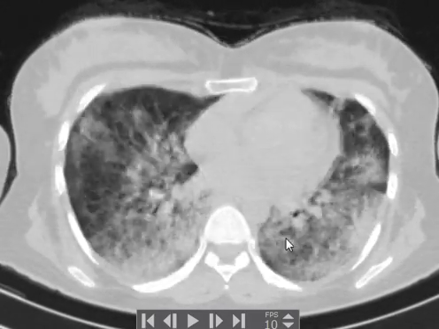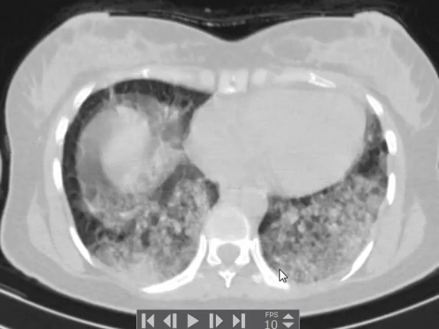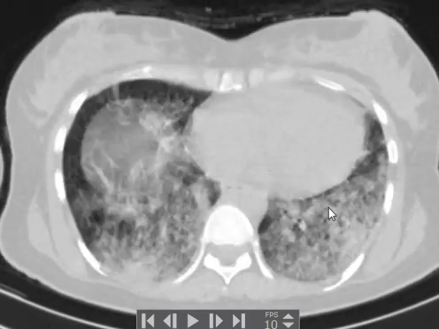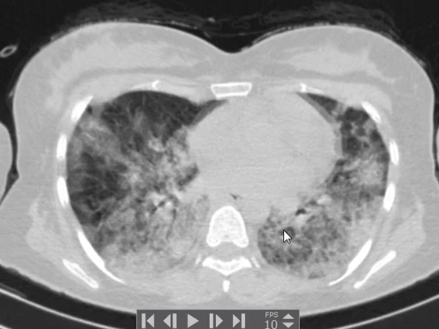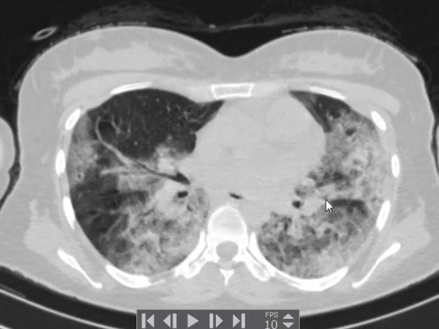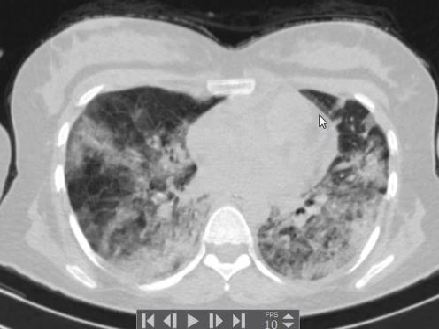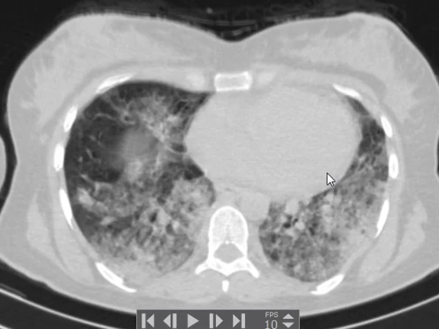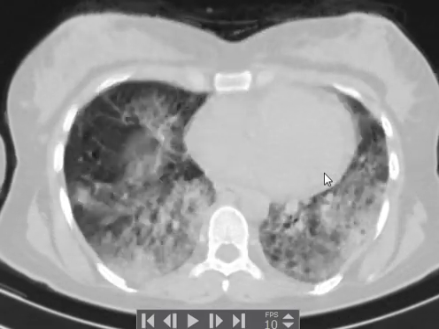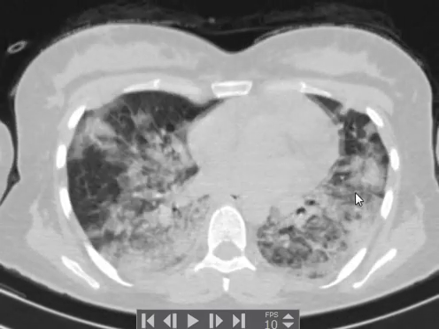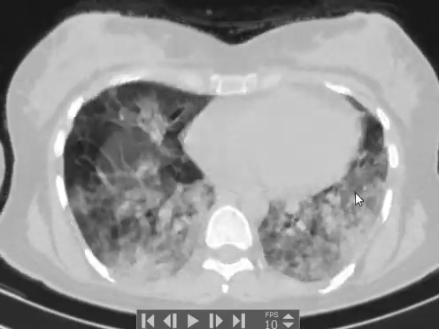The main involvement is in the lower lobes bilaterally, and that's probably because the lower lobes are less well ventilated compared to the upper lobes. The upper lobes are usually more ventilated or hyperventilated in this patient who is bedridden for the last few days.